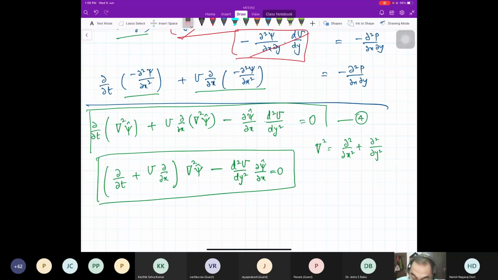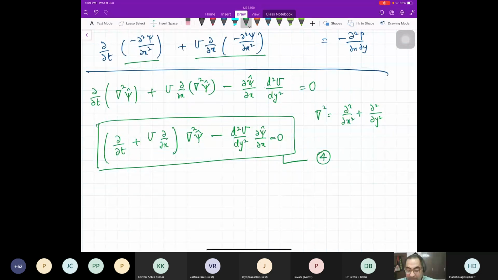We'll call this equation 3. We'll call this equation 4. Okay. Now what is this equation? It's a non-linear. No, sorry, not non-linear. It's a linear ordinary differential equation for single variable psi.